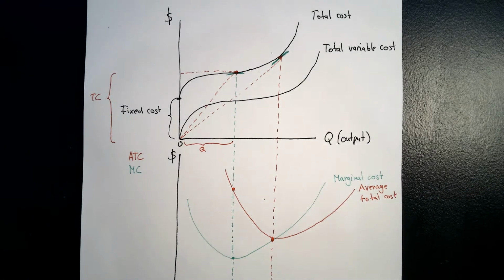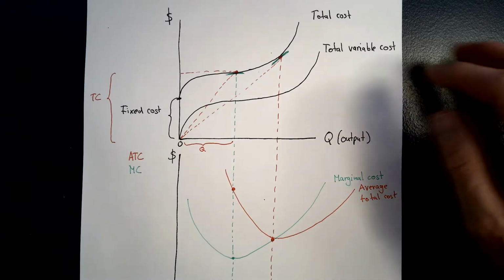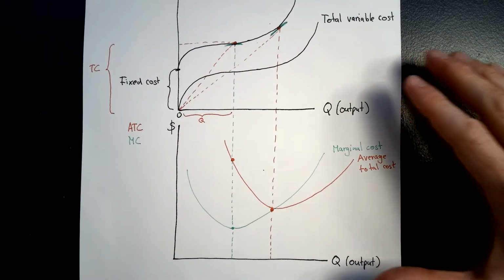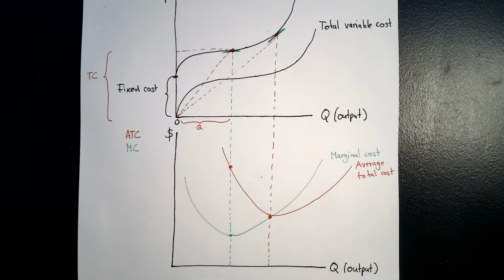Now note that if you are comparing this picture to the picture we have seen in producer theory, then this is basically flipped upside down. So now you have those U-shaped curves.